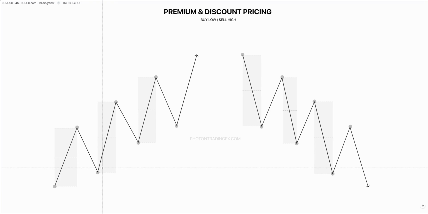At cheaper prices, there is more demand for a product. At more expensive, more premium prices, people tend to sell more. And that's basically it: buy low and sell high. And that's what this tool helps us to do. So in a bullish market, price will typically pull back to discount pricing. It does not have to, but that is where it's more likely to, or more accurately, the higher probability is to be looking to buy down in here.